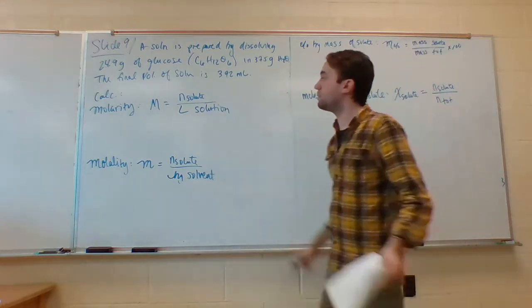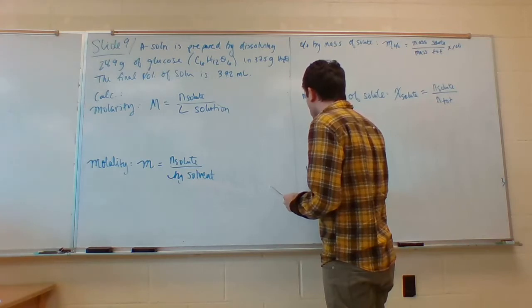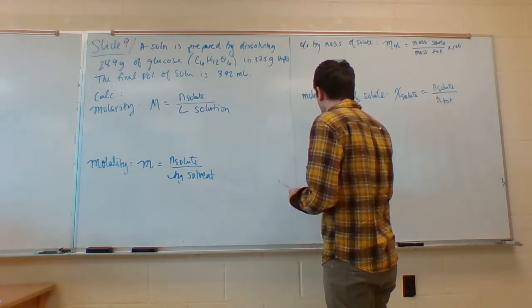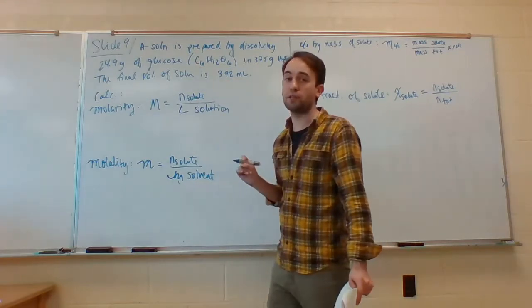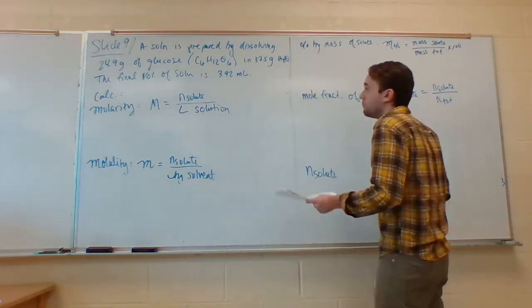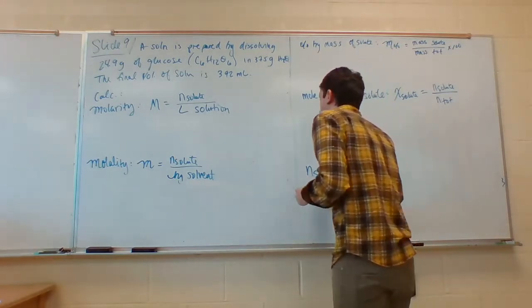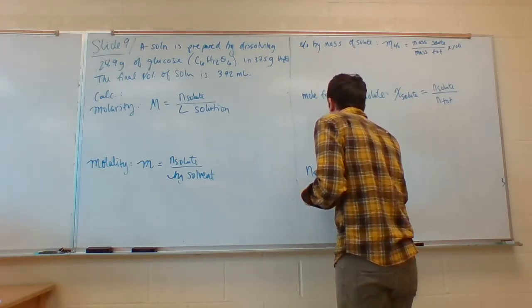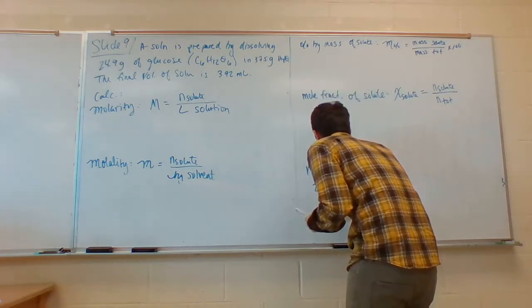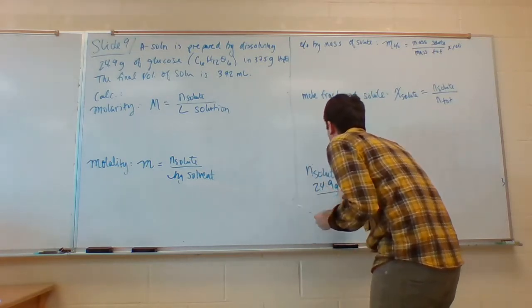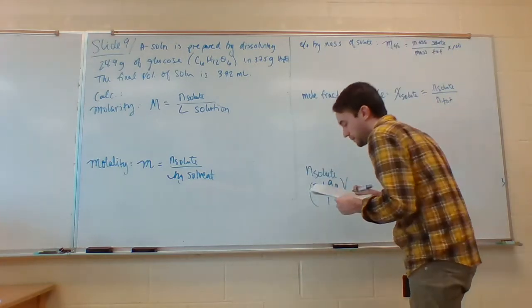One of the first things that we need is our moles of the solute. So in order to get the moles of the solute, we're going to have to convert our grams of the solute into moles. So we have 24.9 grams of our solute, which in this case is our glucose.